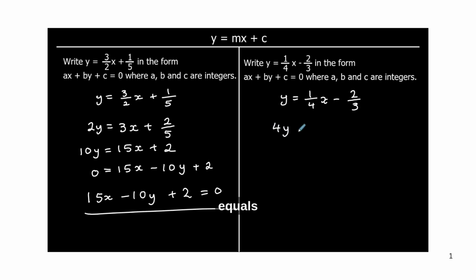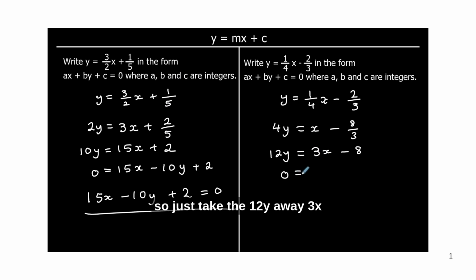So 4y equals x minus 8/3, timesing everything by 4. Now timesing everything by 3. 12y equals 3x minus 8. Make it equal to 0. So just take the 12y away. 3x minus 12y minus 8 equals 0.